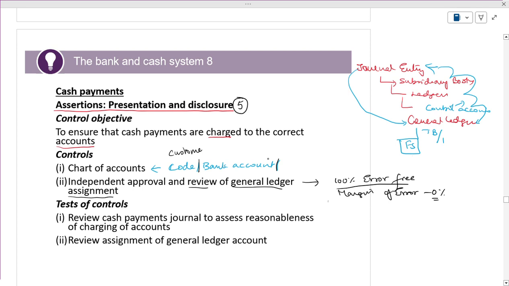Are you clear about this? Is it okay? Yes, Gaita and Laila. Yes, sir. Listen carefully. Now you understand what we have done.